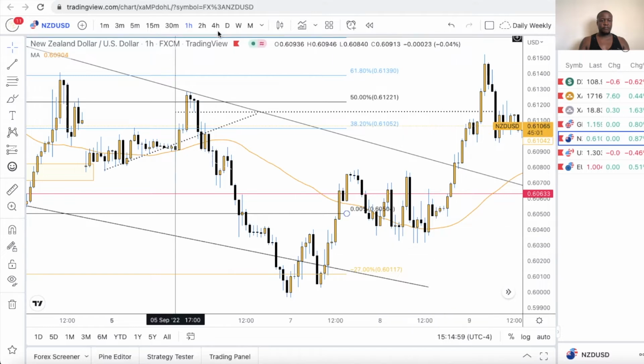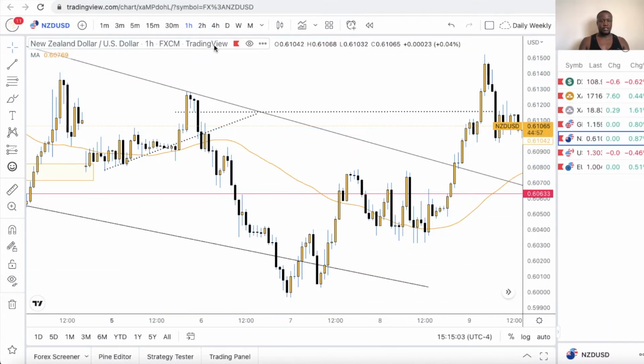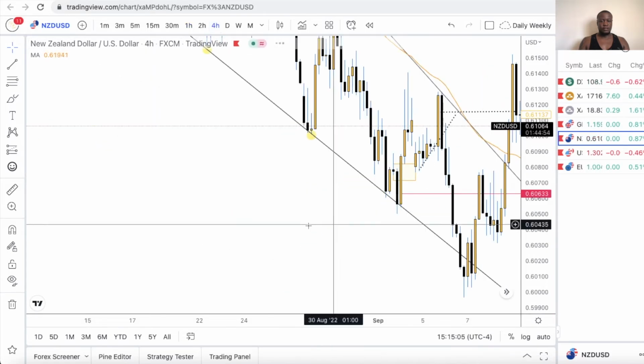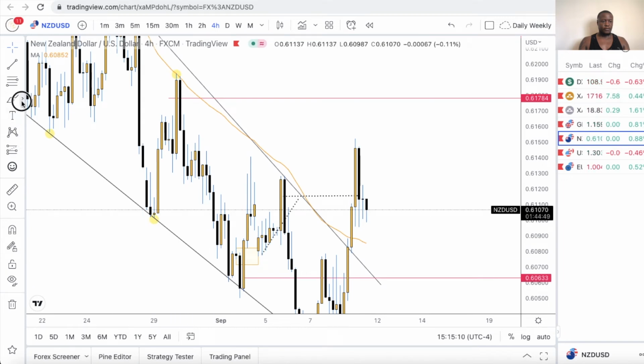So for this week, we could go back to the 4 hour, take off this Fibonacci. So you can see, get the highlighter tool.